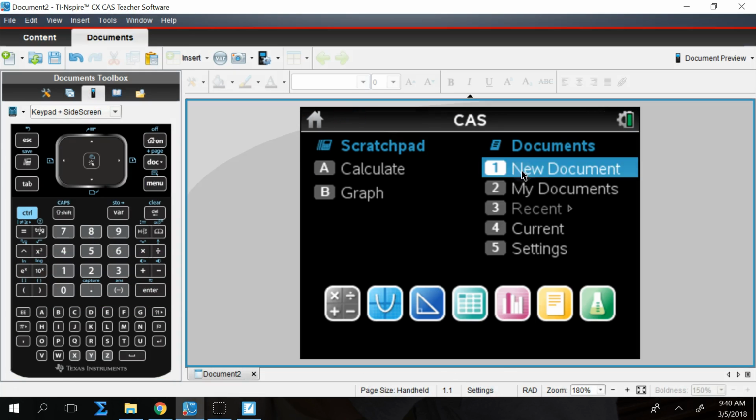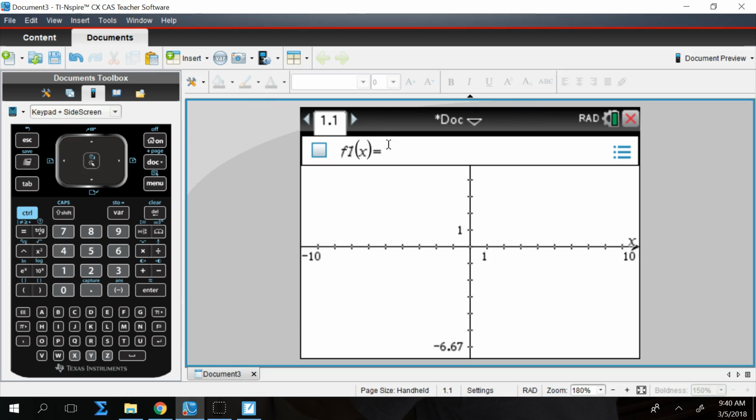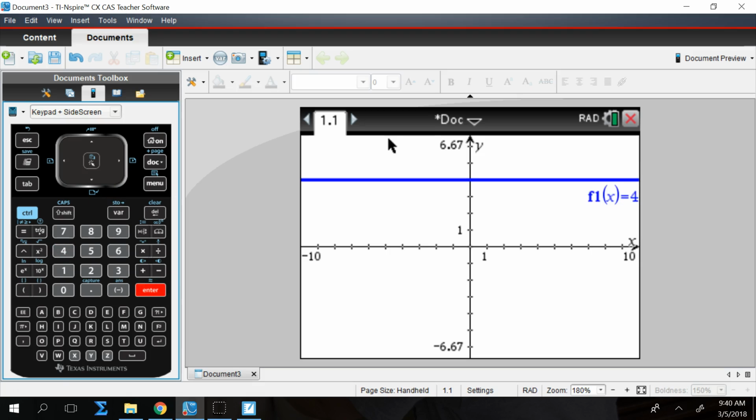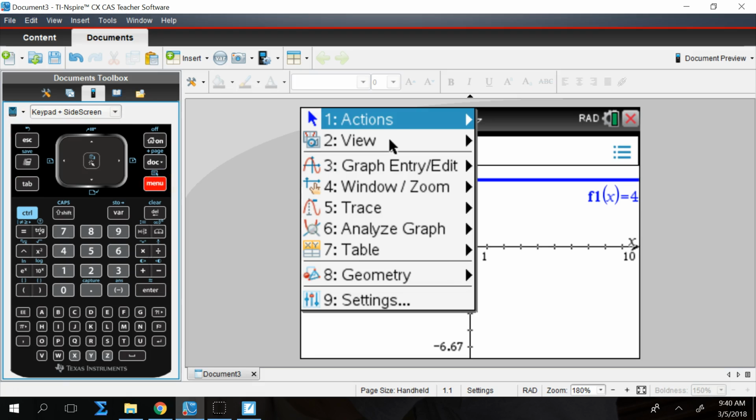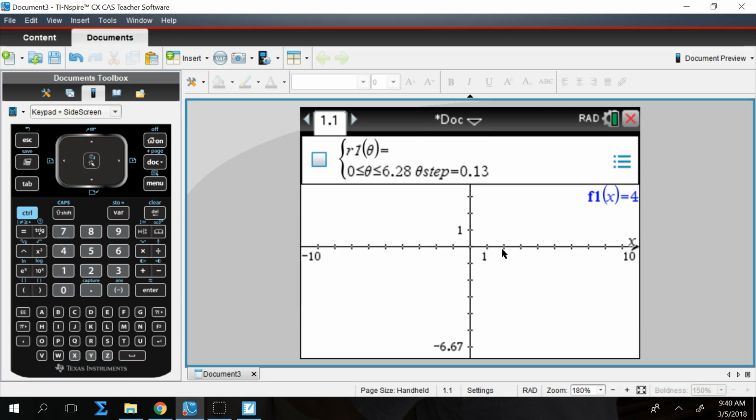I'll walk you through everything. I'm going to start with a graph. Here, y equals 4. Boom, there it is. Horizontal line, y equals 4. Now, let's change this. What am I going to use for my entry type? Polar, because we're graphing polarly now.